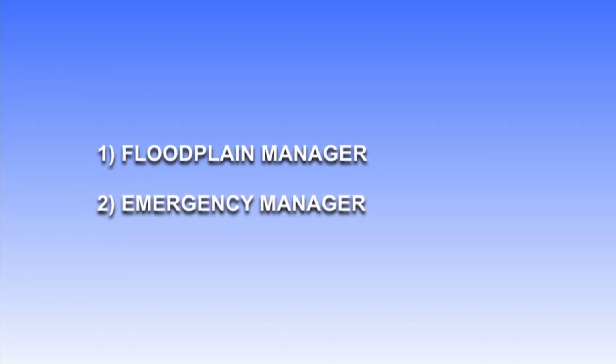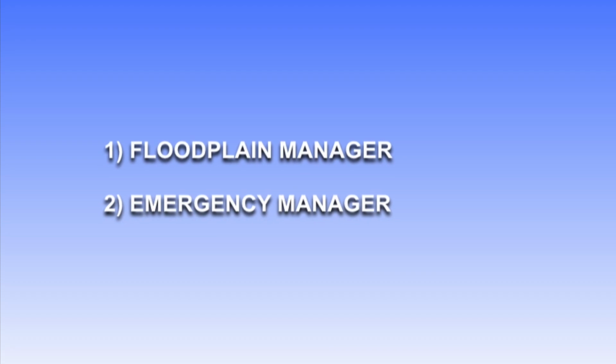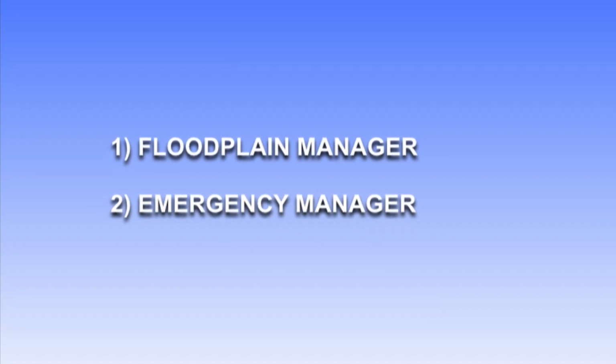Wherever the floodplain manager sits, and whoever the emergency manager is as well. And since communities vary in size and how they want to arrange these departments and roles, this is a piece in the floodplain management plan that is key. It's about communicating across these respective departments.